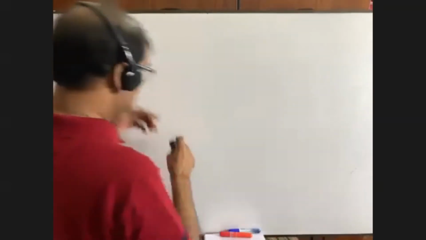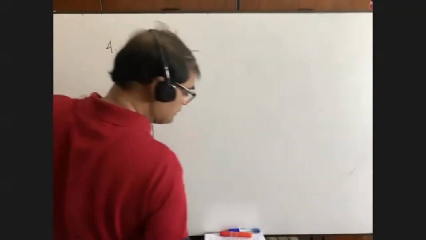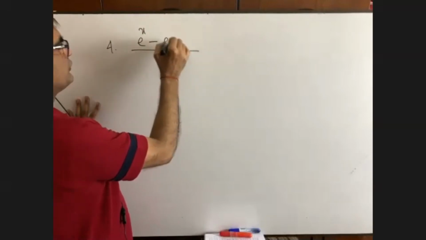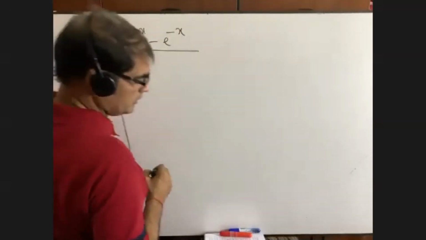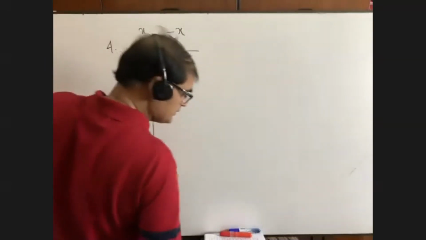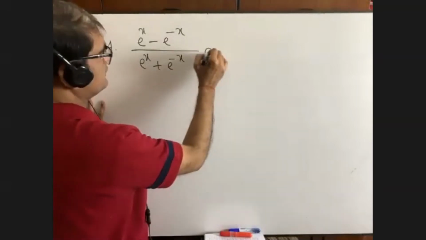Next, number 4. Integral of e to the power x minus e to the power minus x, by e to the power x plus e to the power minus x, dx.